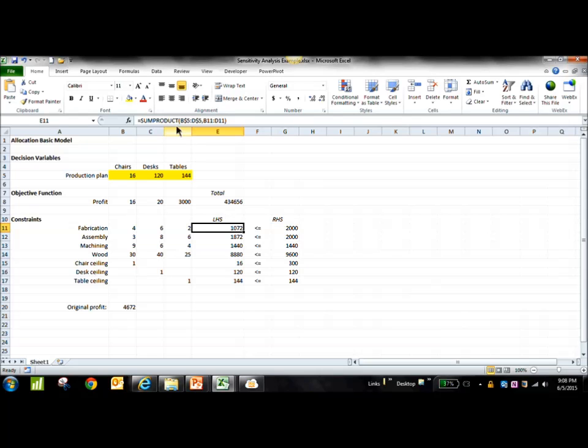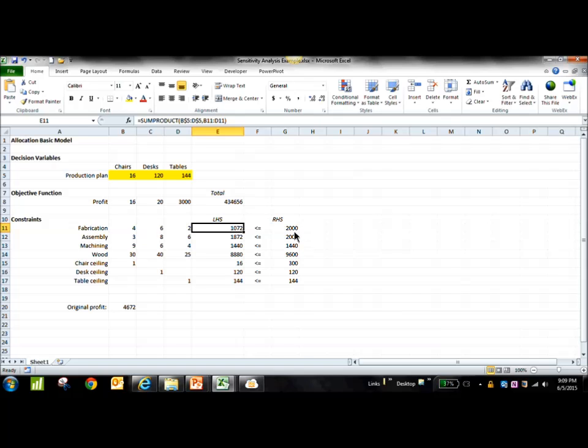And that formula basically uses sum product and takes these requirements, 4 hours of fabrication to make a chair, 6 hours to make a desk, and 2 hours to make tables. And what we're saying is, using this formula, we'll try to make sure whatever solver comes up with as far as this production plan or product mix, it has to stay below 2,000 hours that the fabrication department is capable of.